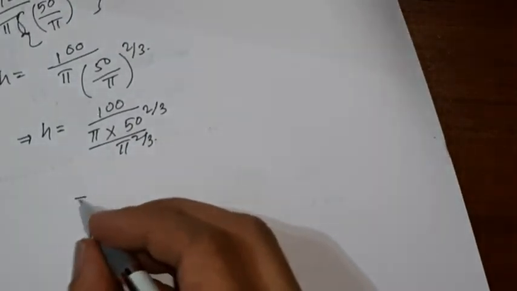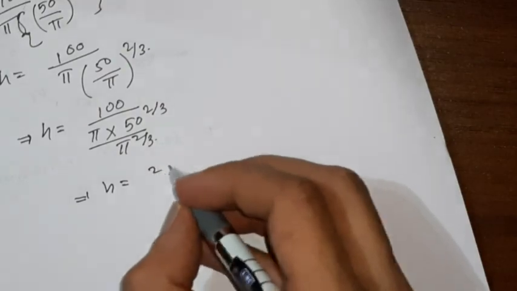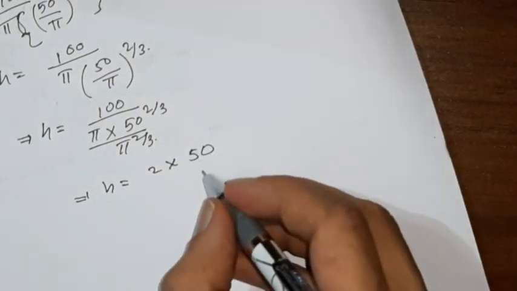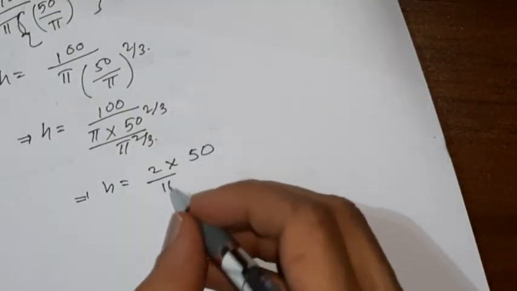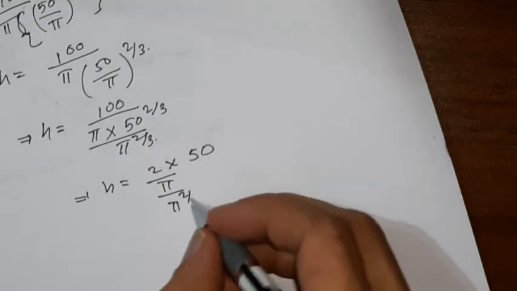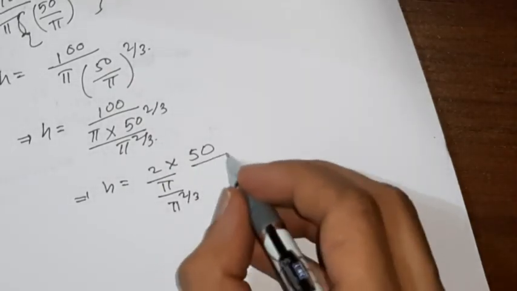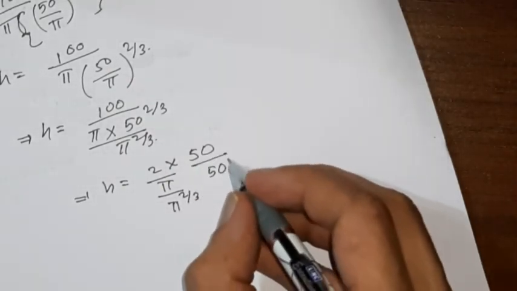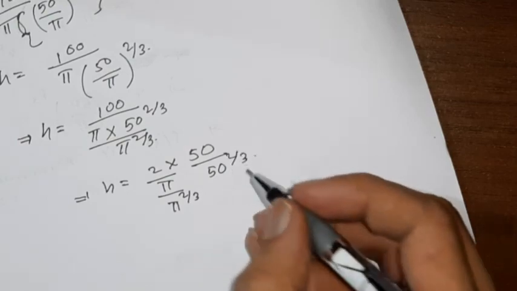Now suppose we write 100 as 2 times 50. Then this is pi by pi raised to 2 by 3, and this is 50 divided by 50 raised to 2 by 3.